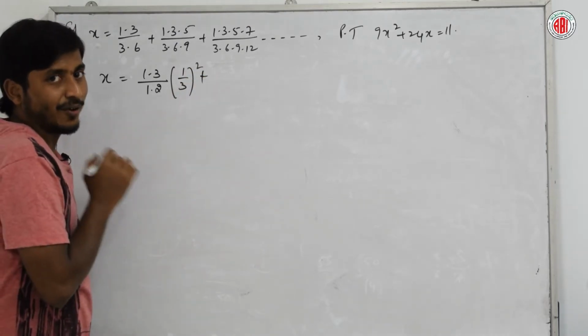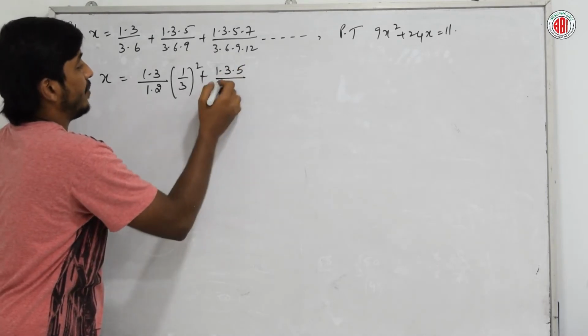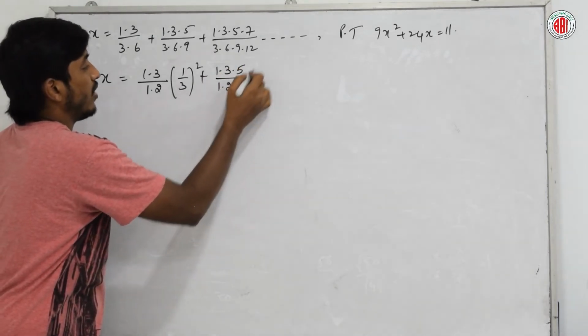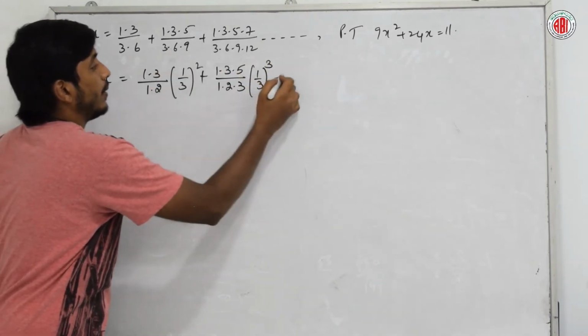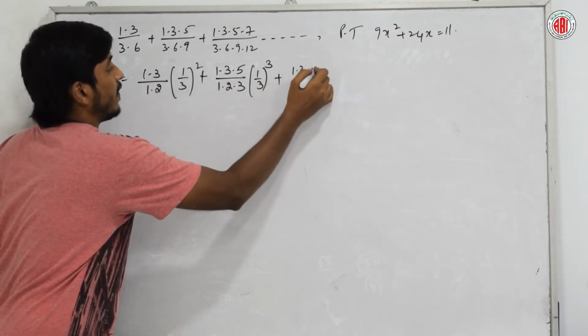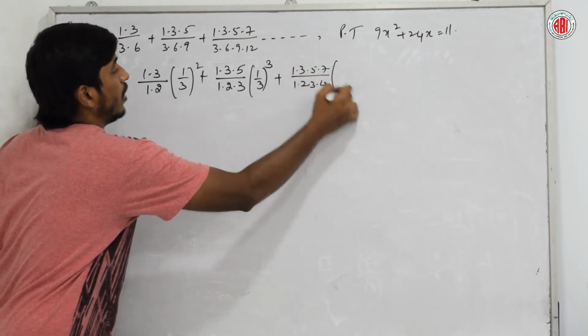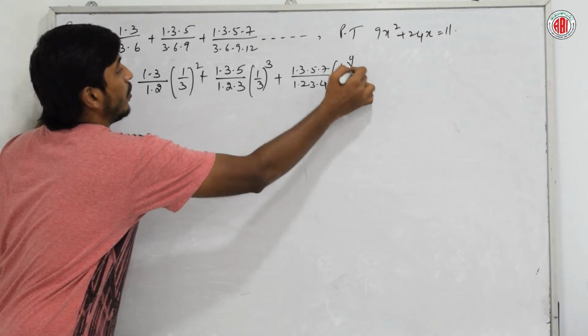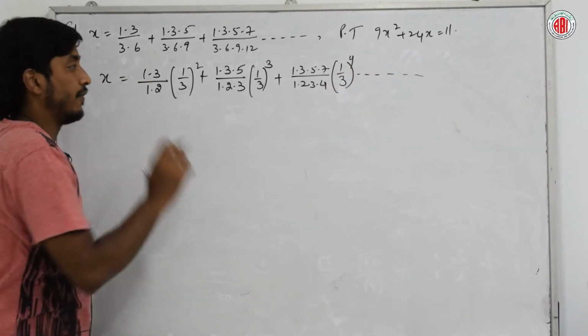By here you would have got an idea. 1, 3, 5 divided by 1, 2, 3 into 1 by 3 whole cube. Right? Plus 1, 3, 5, 7 by 1, 2, 3, 4 into 1 by 3 whole power 4 and so on. Is it clear? Fine.